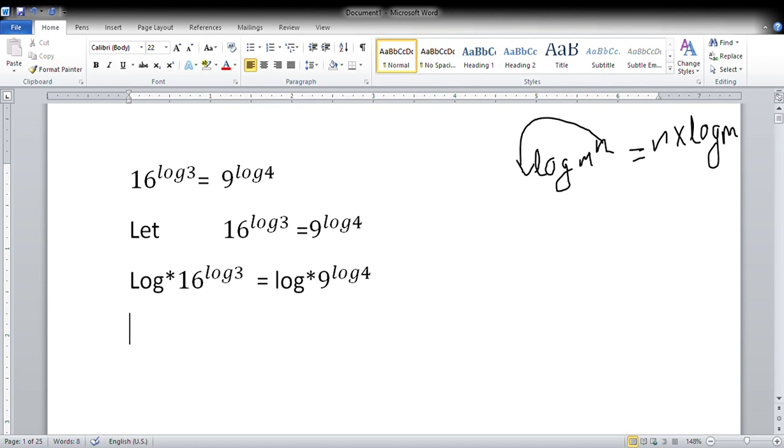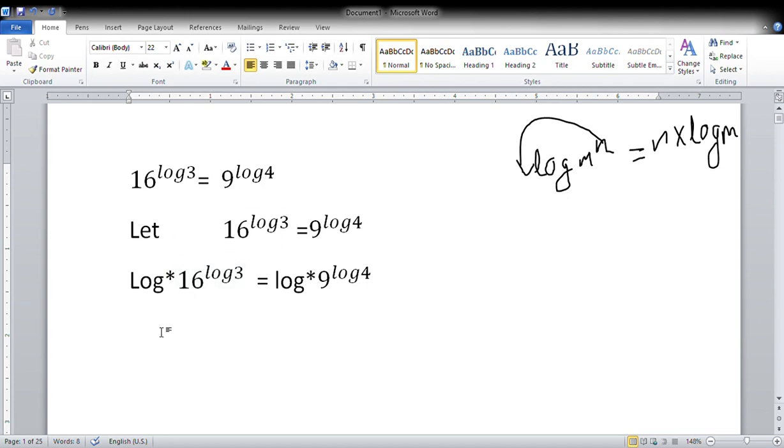So this log 3, which is present on the power of this number, simply comes to the front side.